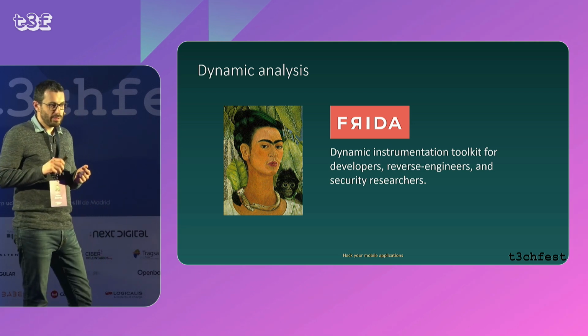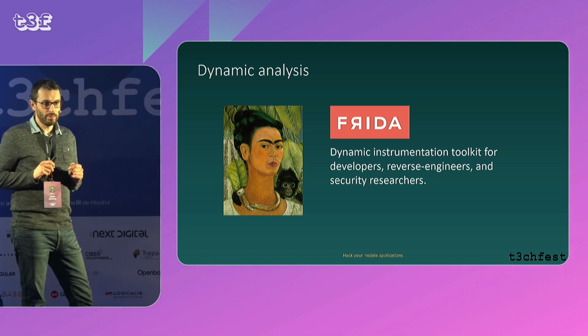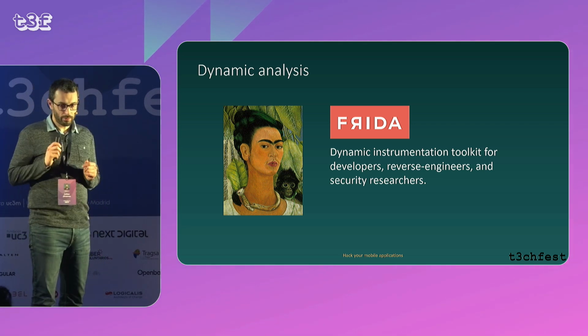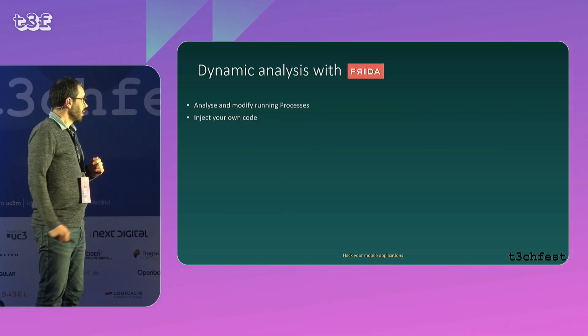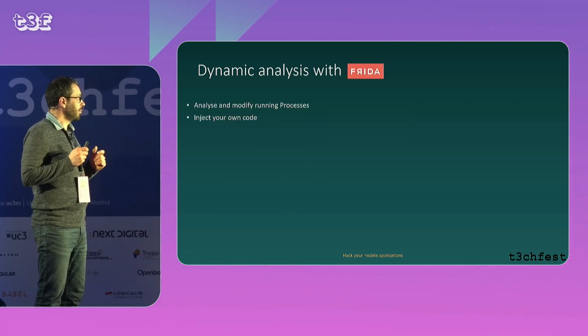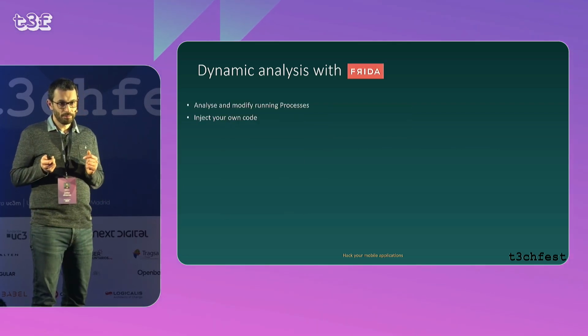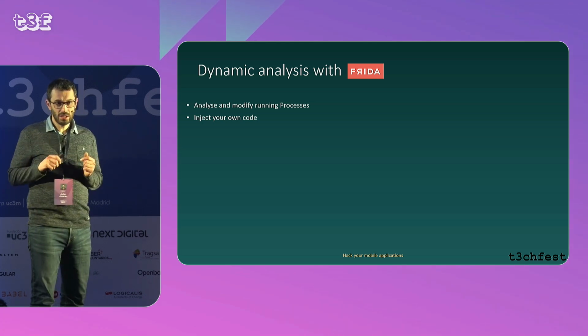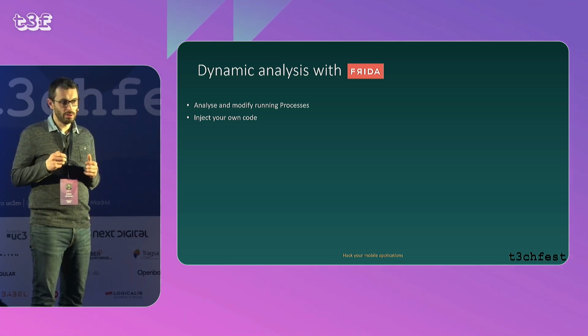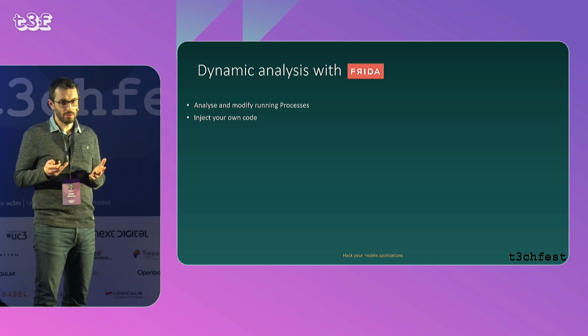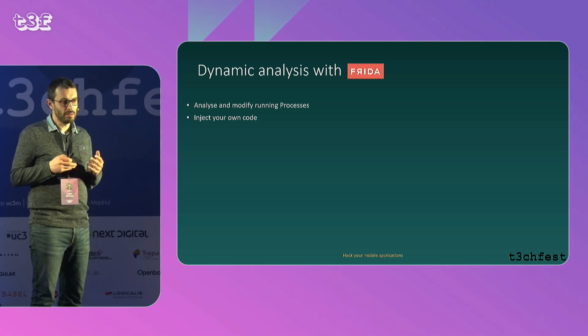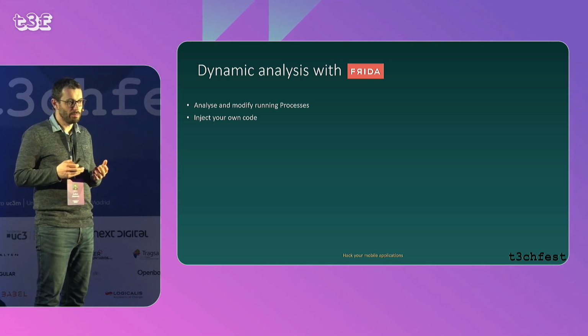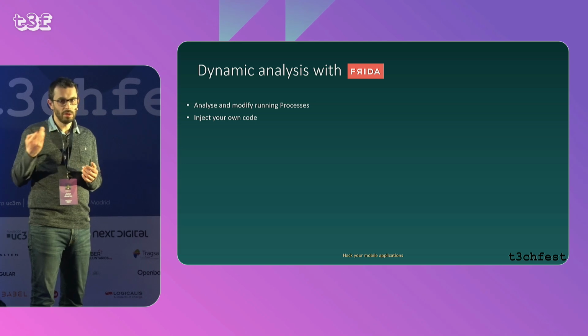The principle is very simple, but it's very powerful. It can analyze and modify running processes, and it can inject your code in the application, and even in libraries, in Android libraries or iOS libraries.